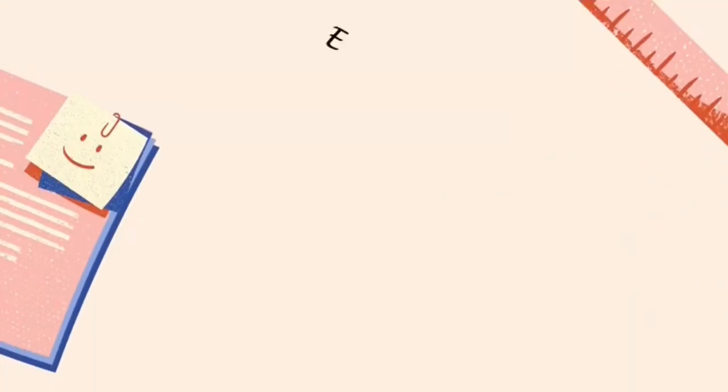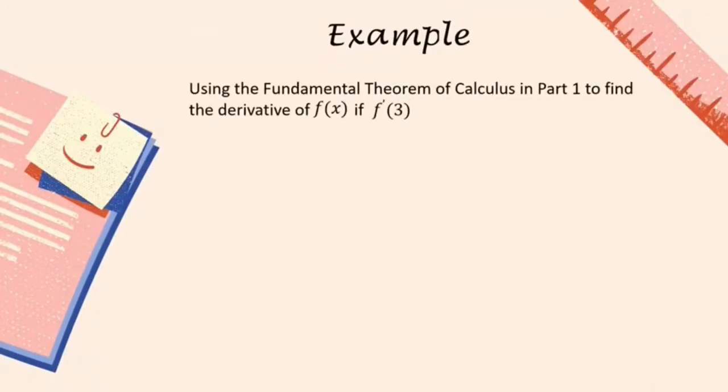Let's take a look at an example. Using the fundamental theorem of calculus part 1, find the derivative F'(3). We have the function F(x) equal to the definite integral from 0 to 3x of 5t squared over 2t minus 1 dt.